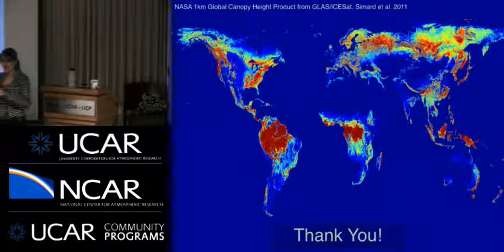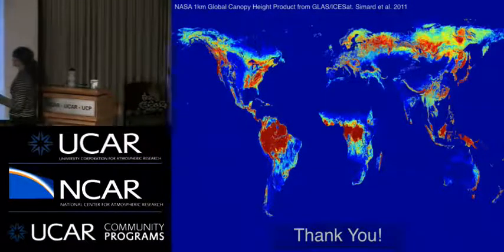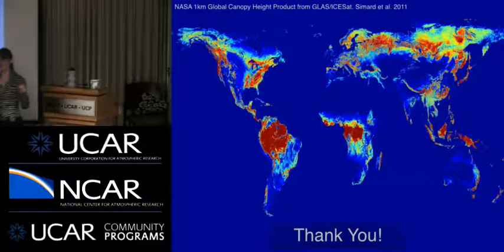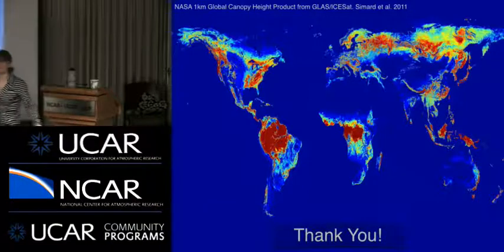We have all this code in the CLM which generates transitions between different land use types, so we go from managed land to set-aside land and natural land, crops, etc. That part remains unaccomplished, but it's definitely top of the list of things to do.